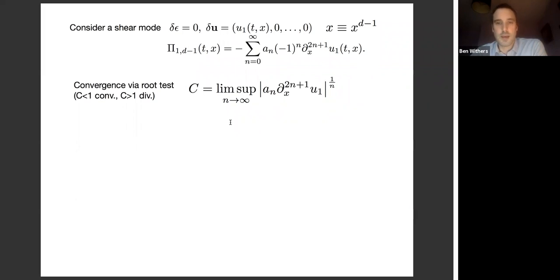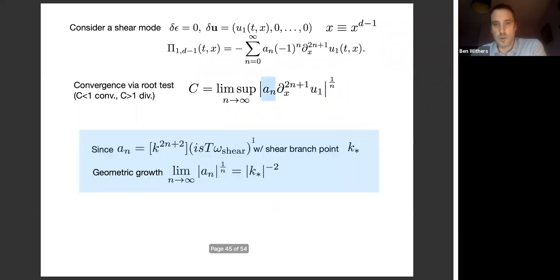So we can actually evaluate this knowing what we know about the coefficients. Since these ANs, let's take this first piece, are given by the shear dispersion relation, and we already argued that we generically expect that these dispersion relations have a branch point at some k star.